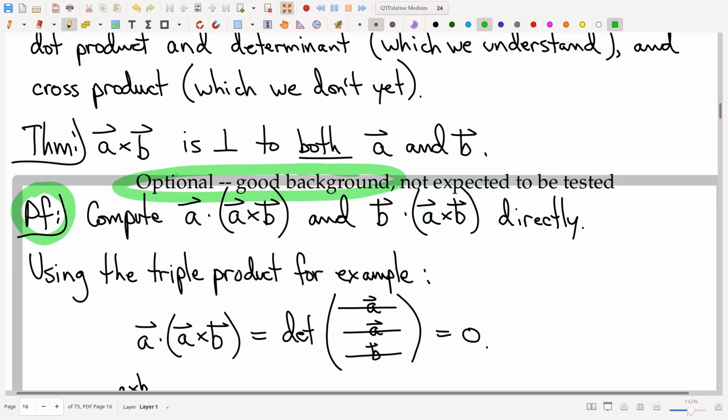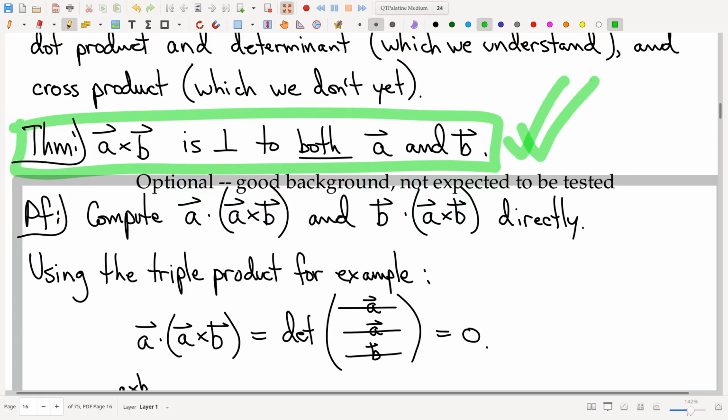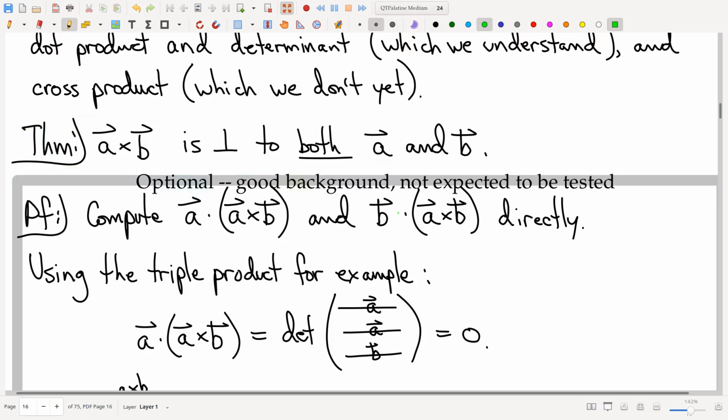It's great practice, so I encourage you to look at it. You don't have to, and I'm not going to directly test you on these proofs. Does everybody understand the take there? Okay. But to be clear though, you do have to know the theorems. The theorems are fair game. That is part of the course. So make sure to follow along with the theorems here.